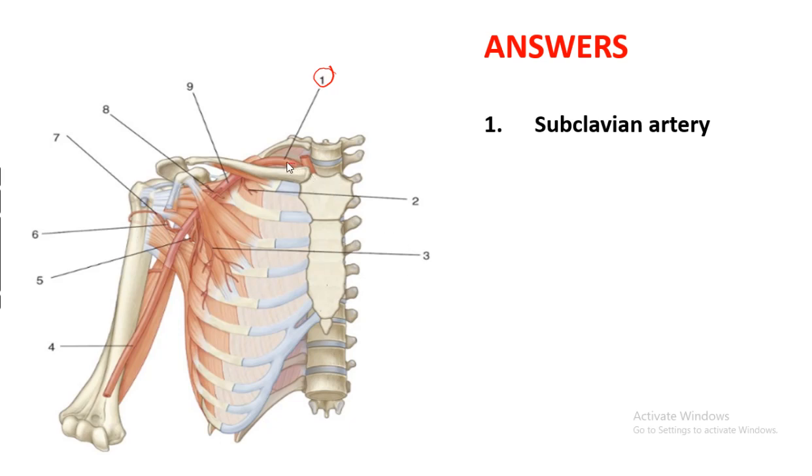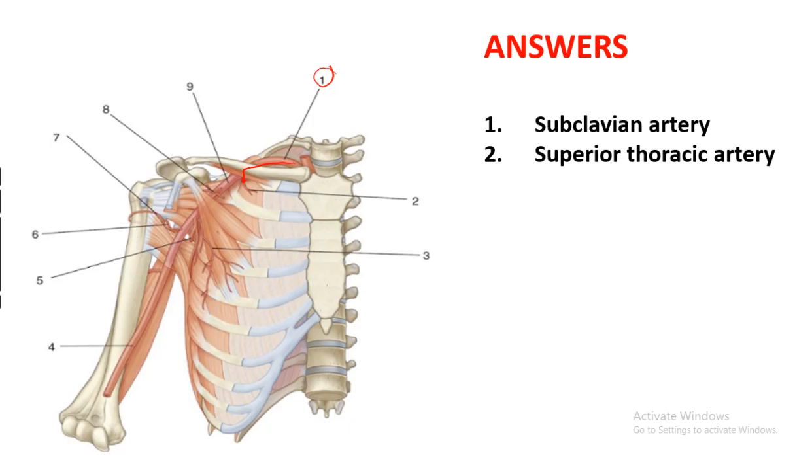As this subclavian artery moves, it's going to give off this branch here, which is marked as 2, and this is just the superior thoracic artery. Normally, the superior thoracic artery will also give out some branches which we are going to discuss later on in this tutorial.